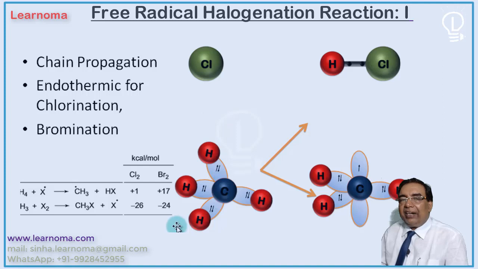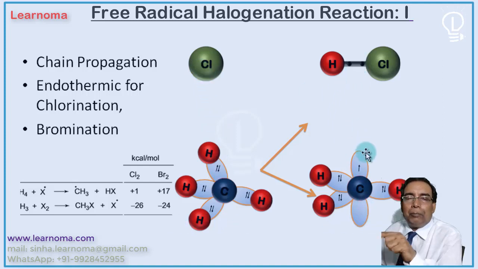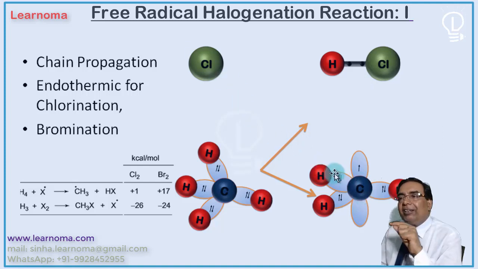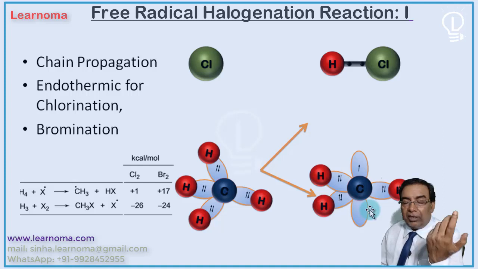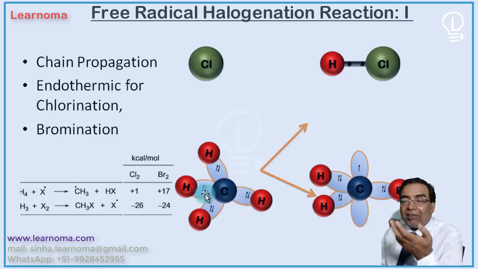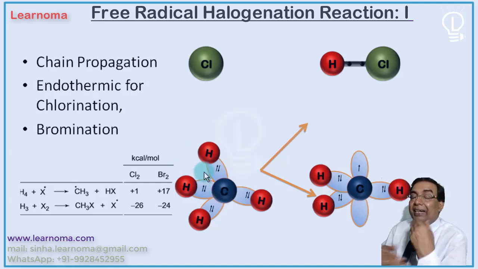Out of two reactants, one is a radical, and out of two products, one is a radical. Radical producing radical, this is called chain initiation reaction. Sorry, chain propagation reaction.